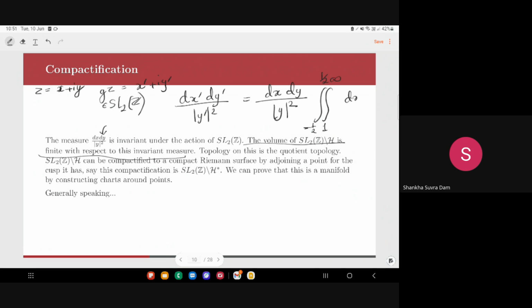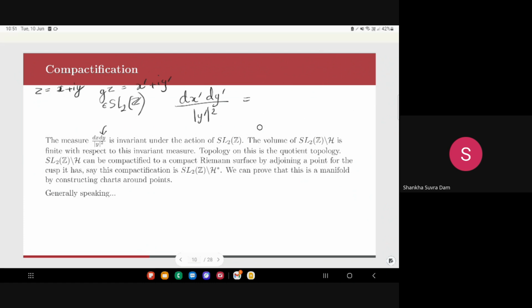You just integrate this thing. And this would give you something like pi by 3. This would give you a finite value. That's all I mean.